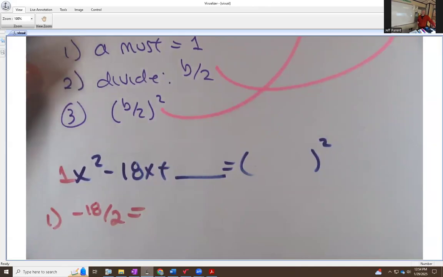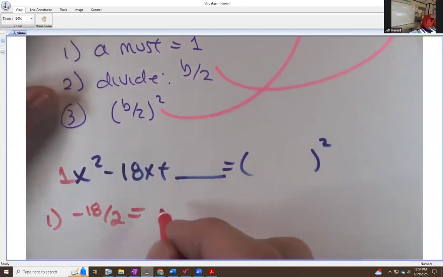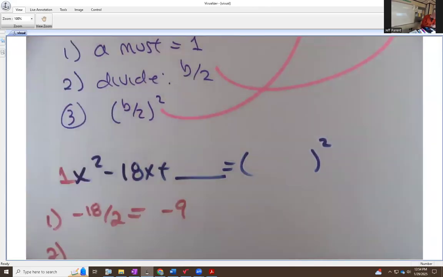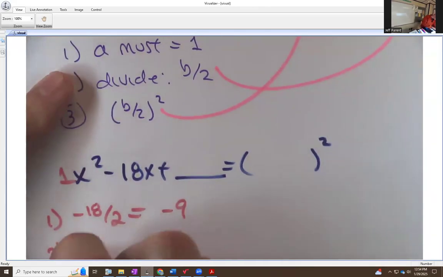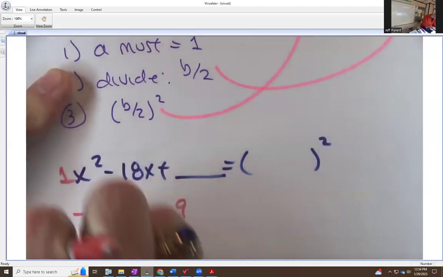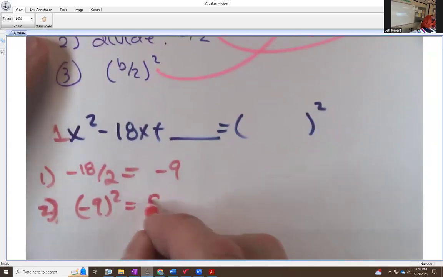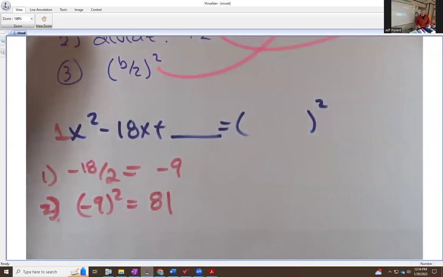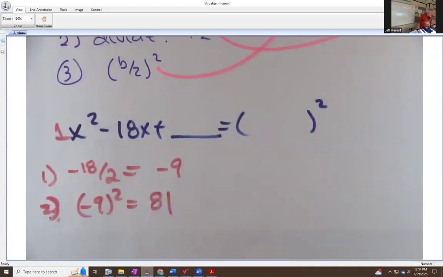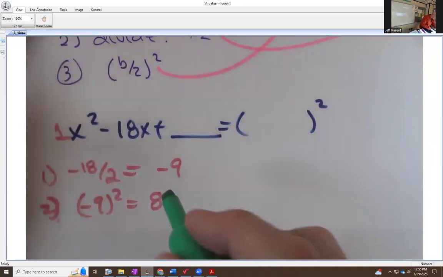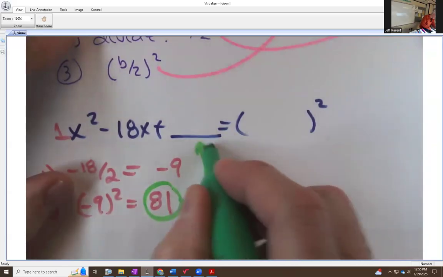And what do I get? Negative 9. Great. Let's take that negative 9 and square it. So negative 9 squared gives me what? Positive 81. Thank you.